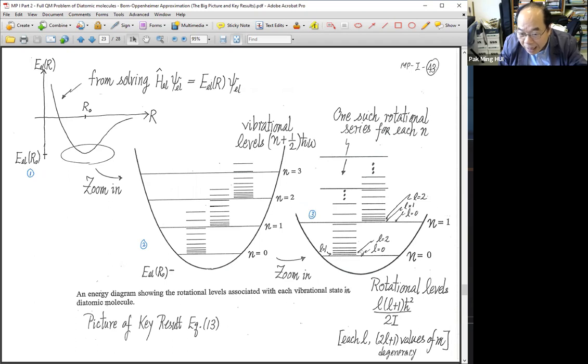I would have a L equals 0 for the rotational energy that is 0. So it overlaps with this n equals 0 line. But then I will have a L equals 1, L equals 2, and so on. Now, notice that L times L plus 1 will be slightly farther and farther apart as L goes up. Now, you see the separation increasing.